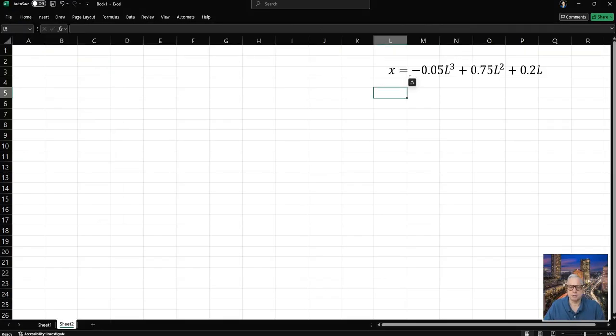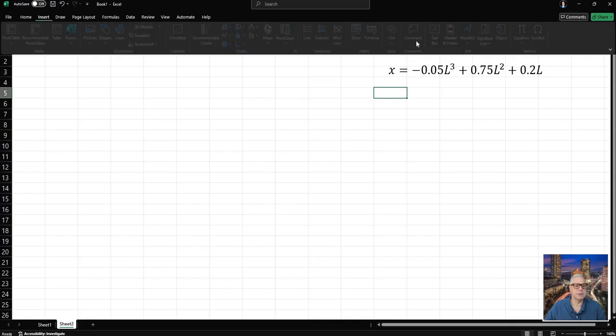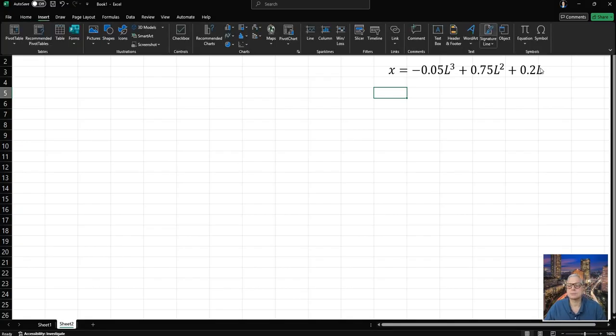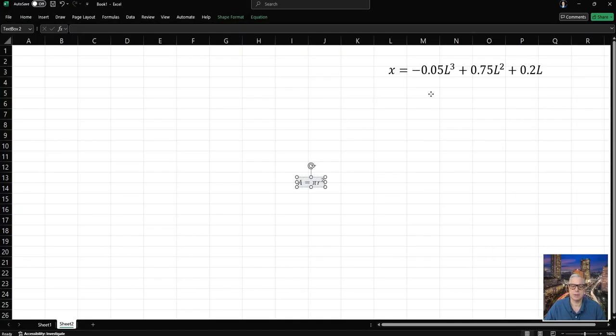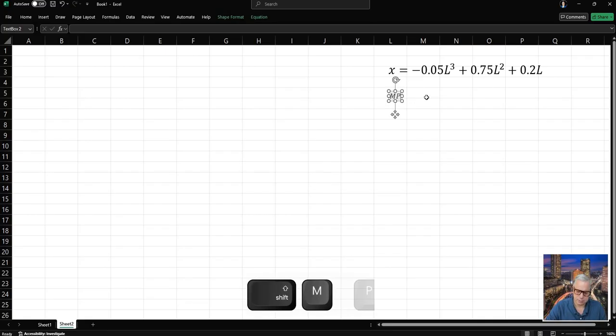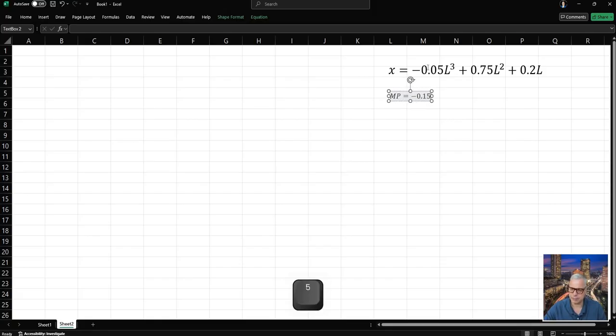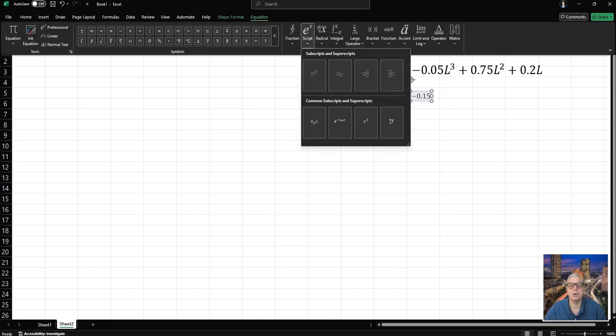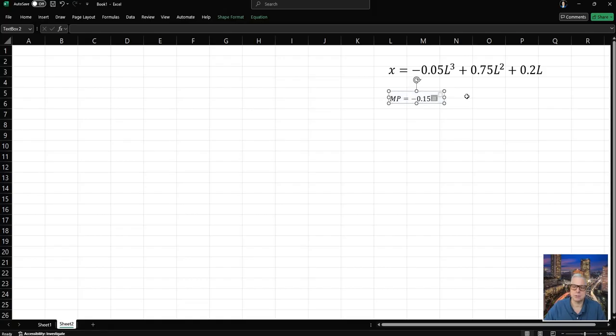And then the marginal product is equal to, okay, again the 3 goes in front, and then we multiply, we get minus 0.15, and then we have to subtract from the exponent 1, so we get L, 3 minus 1, so we are still left with a 2.